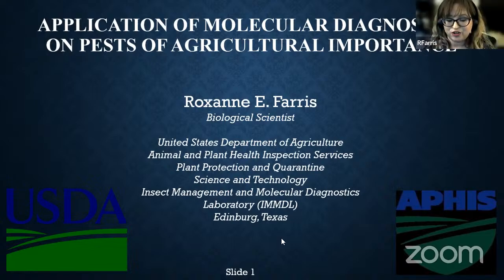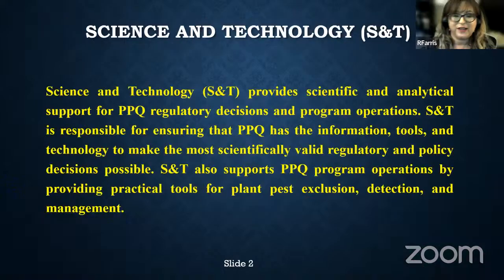All right, so to start off my presentation, I'm going to give you all a little bit of background on S&T, science and technology. So this is the mission statement here. Science and technology provides scientific and analytical support for PPQ regulatory decisions and program operations.